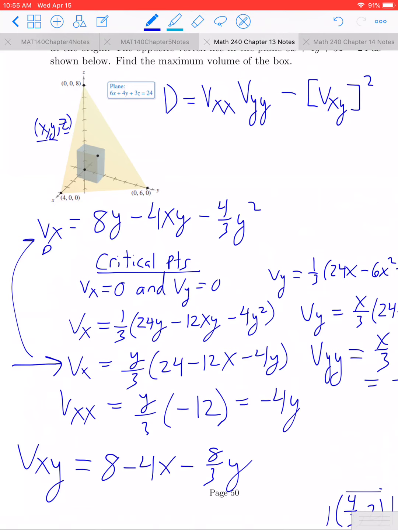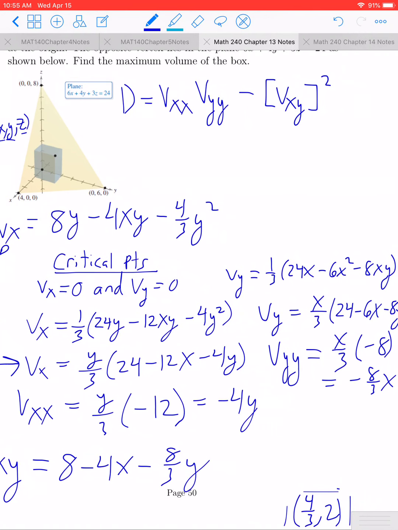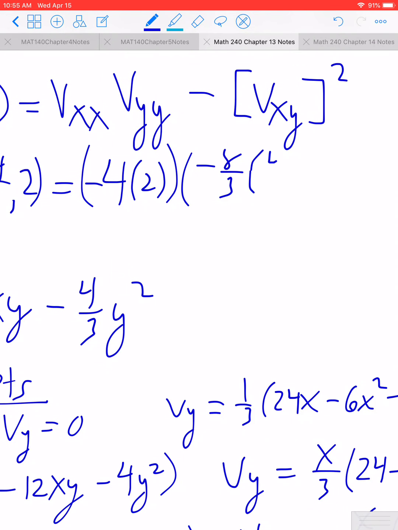You would then want to evaluate these at this point, (4/3, 2). So D evaluated at (4/3, 2) is equal to Vxx, which is negative 4y, so that's negative 4 times 2, times Vyy, the negative 8/3 x, so negative 8/3 times positive 4/3, minus Vxy squared.